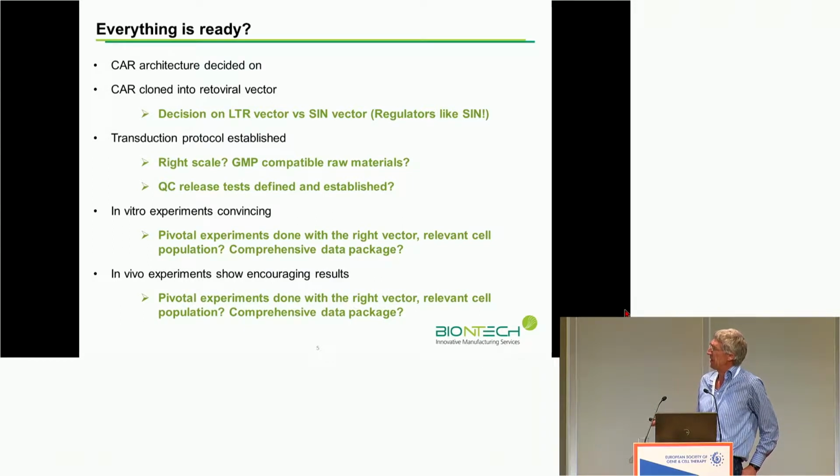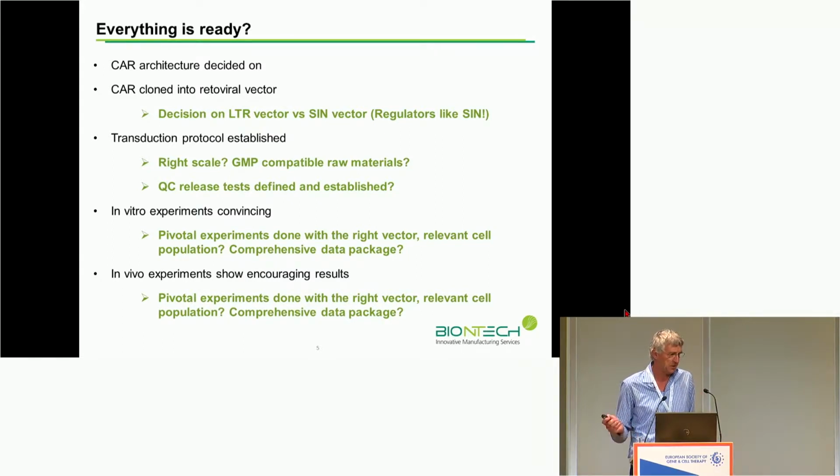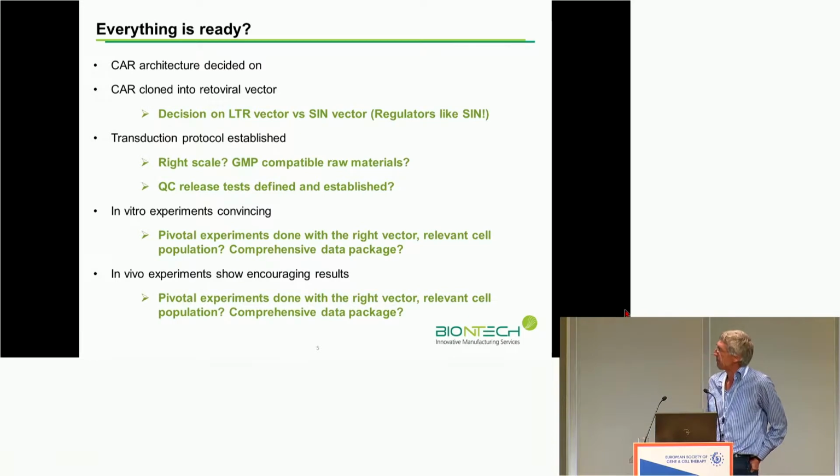The QC tests have to be designed and established. And as we heard earlier from the Paul Ehrlich Institute, it makes a lot of sense to go for a scientific advice meeting early on with Paul Ehrlich or your regulatory authority and discuss this concept with them.